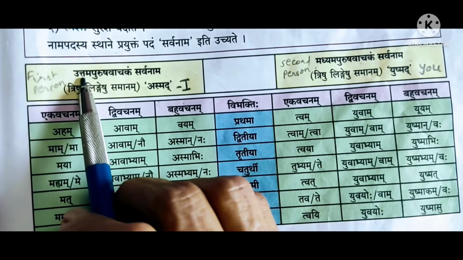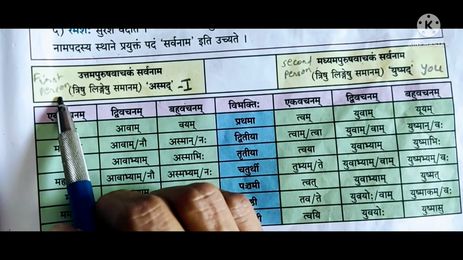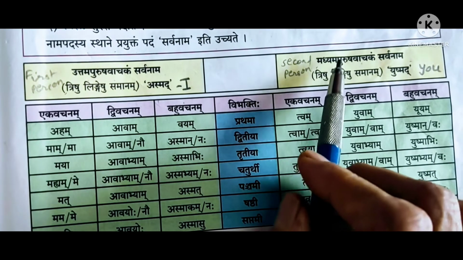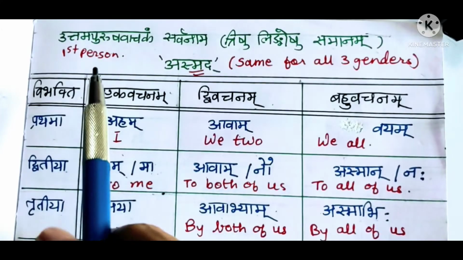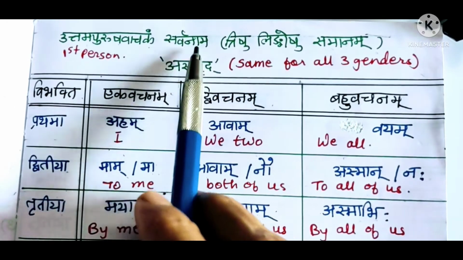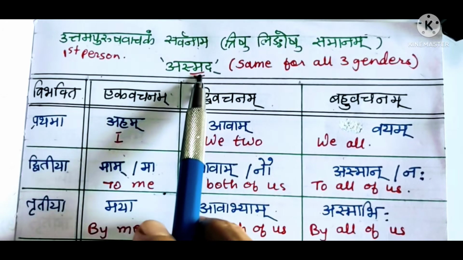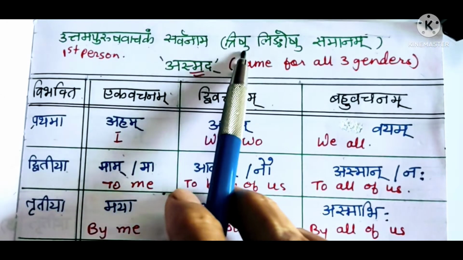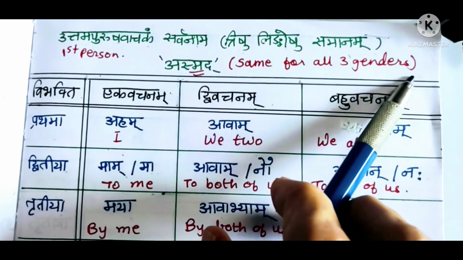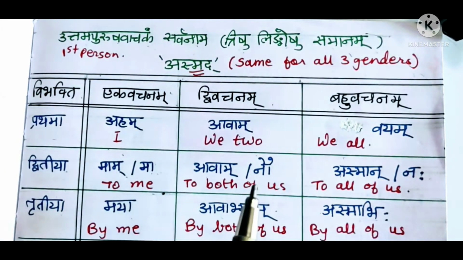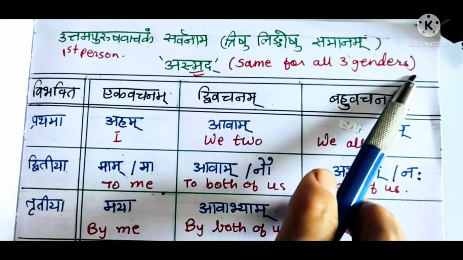In English, Uttama Purusha means first person and Madhyam Purusha means second person. Let's see first Uttama Purusha Vachakam Sarvanam Asmad. Asmad means I. Trishu Lingeshu Samanam means same for all three genders. These forms are same for all three genders.